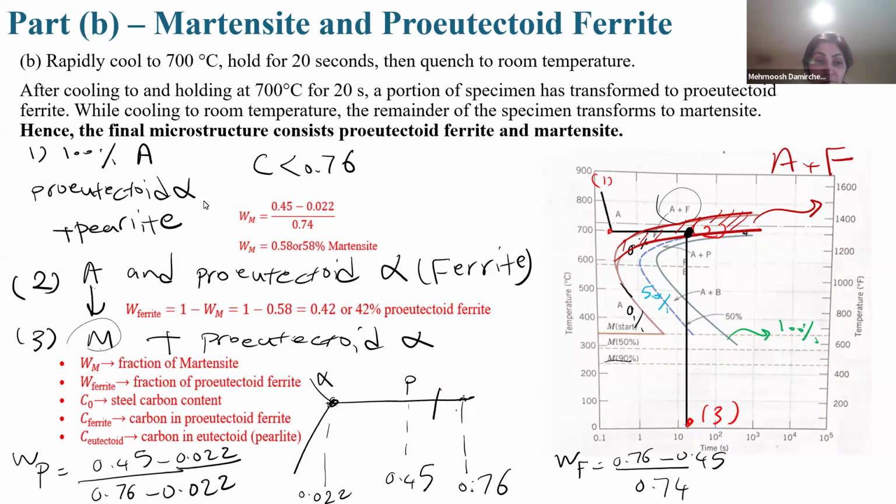Here, find the pearlite or martensite. I told you the weight fraction for both of them, because the pearlite that you saw in the phase diagram is now martensite. Okay? So it is 58%, and 1 minus this is 42%. It is the weight fraction of ferrite. Okay.